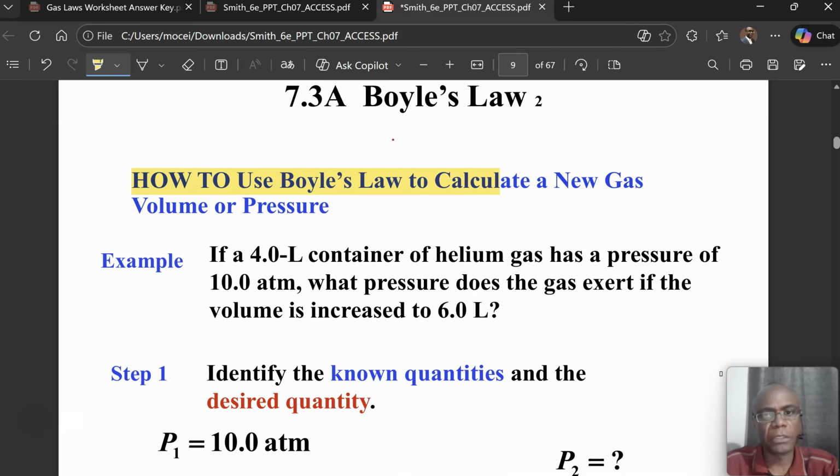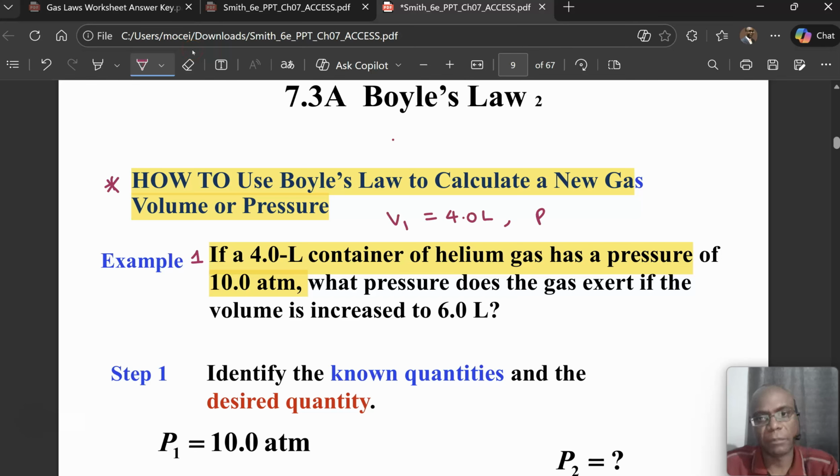How to use Boyle's law to calculate a new gas volume or pressure. That is the learning objective here. Example number 1 reads, if a 4-liter container of helium gas has a pressure of 10 atmospheres, stop there. So we are given V1 to be 4.0 L, and P1 to be 10.0 atm.